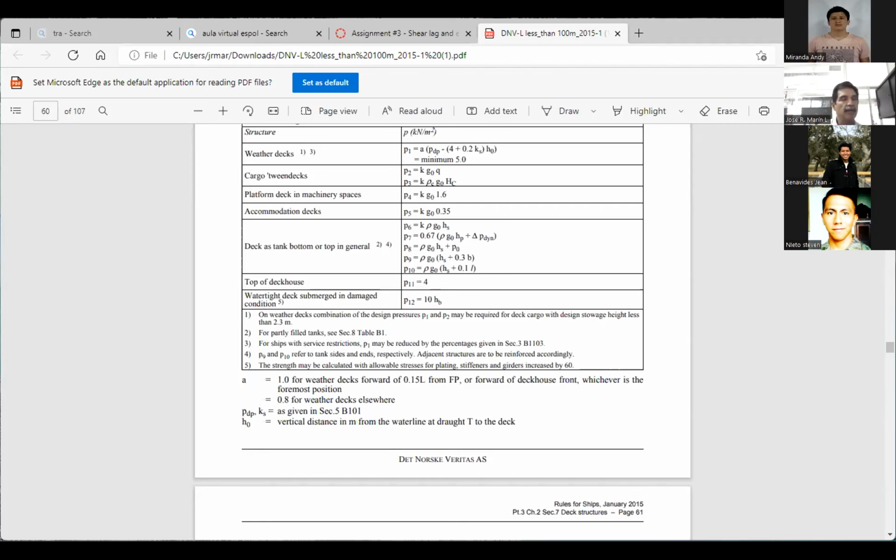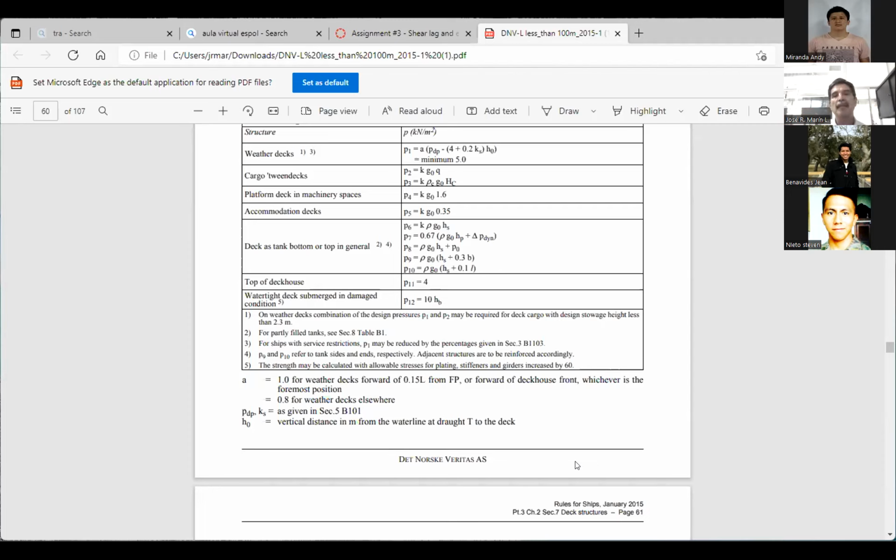Miss Acuña, are you there? Yes, doctor. Would you please read again this part here? 1.0 for weather decks forward of 0.15 L from FP. What do you mean by FP, Miss Acuña?